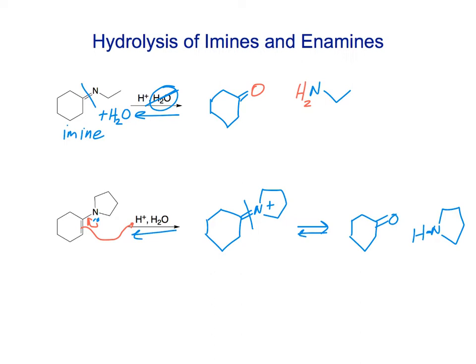So if we had this imine, or if we just had this equilibrium, we wanted to drive it from the imine to the ketone and the amine, what could we do to drive it in that direction? Yeah, we add excess water. Right? If we have a whole bunch of water in this reaction, that means we have a lot of the reactant on this side.